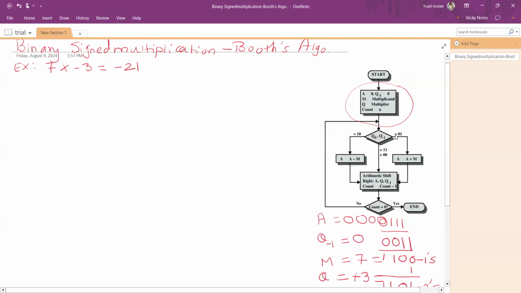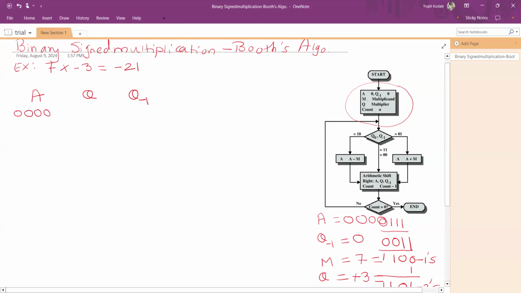So I can write here what we are going to use: A, Q, Q minus 1. I know what A is. A is initialized first to 0.